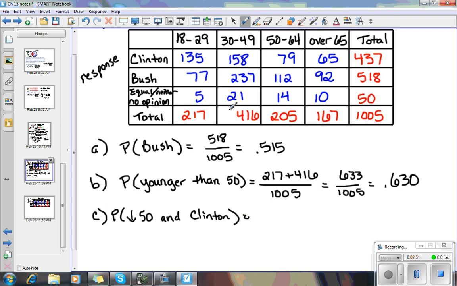So we get 135 plus 158. Those are the people younger than 50 that also liked Clinton out of 1,005. And when we do that, we get 293 out of 1,005. Rounding to 3 decimal places, I get 0.292.